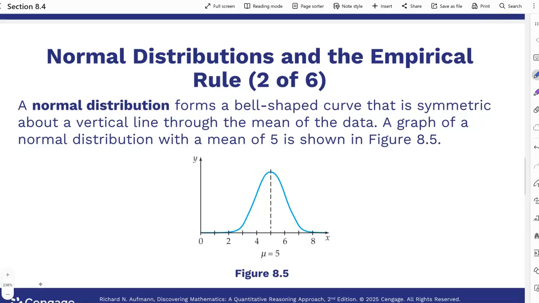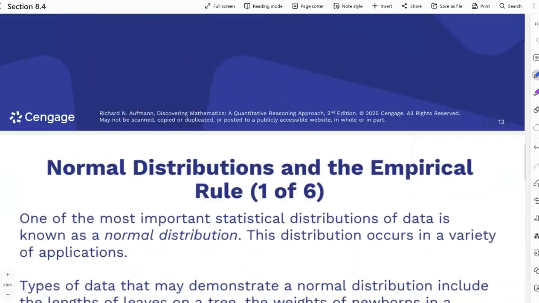So with a normal distribution, like I said, it's going to be a bell shape. It's going to be symmetric about that middle, and that middle is going to be where that mean is. And they're talking about a population mean in this example because of that Greek letter mu there. Symmetric means if I were to fold this graph along that dotted line, the left-hand side and the right-hand side would match up. It does not have to be exactly matching up, but should be pretty close.